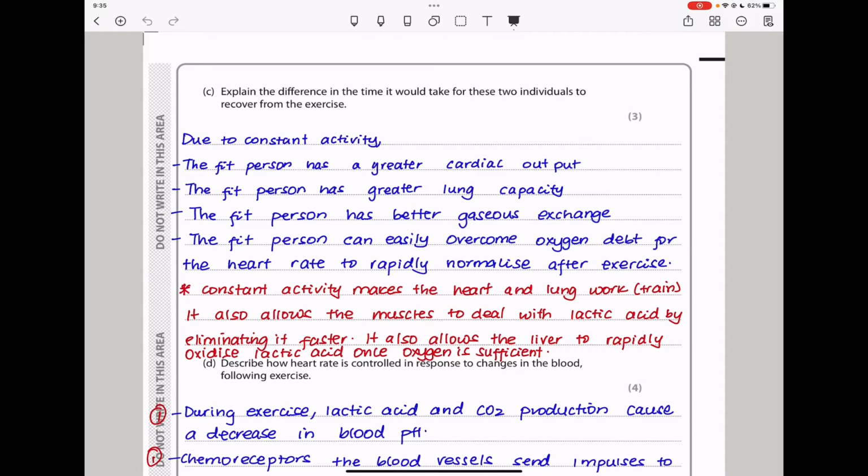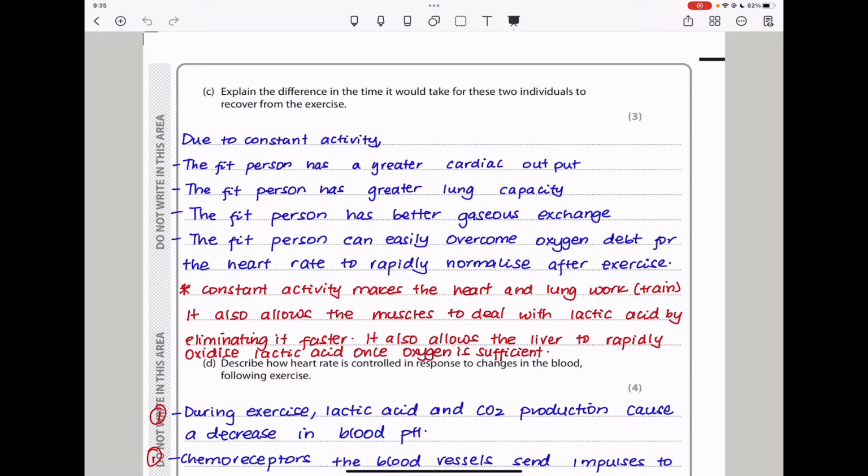So, I said, due to constant activity, the fit person has greater cardiac output, greater lung capacity, and better gaseous exchange. The fit person can easily overcome oxygen debt for the heart rate to rapidly normalize after exercise.